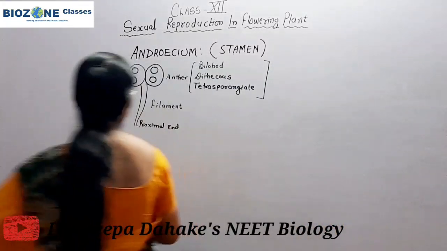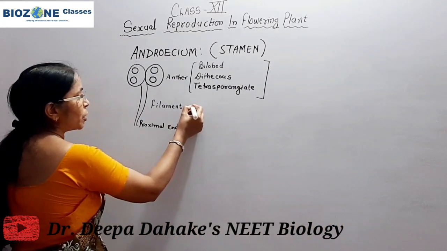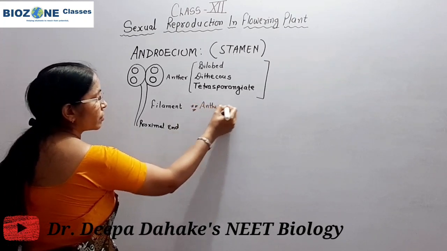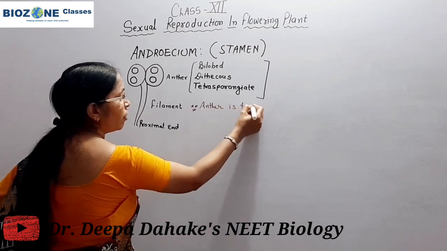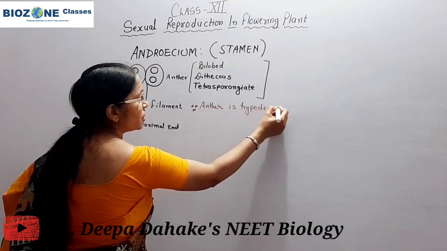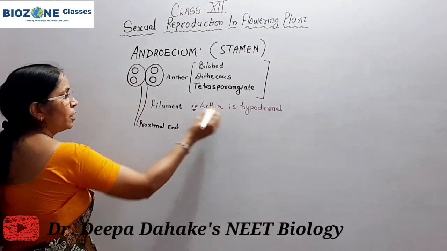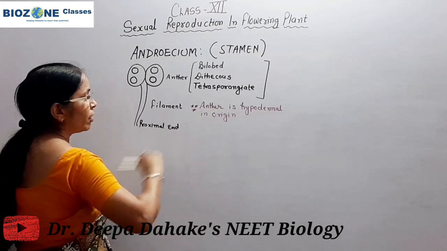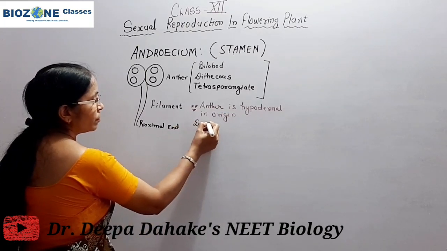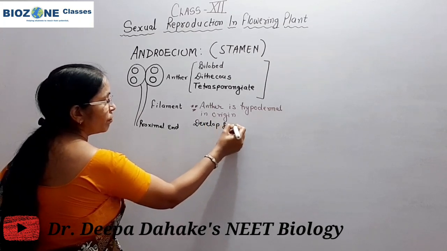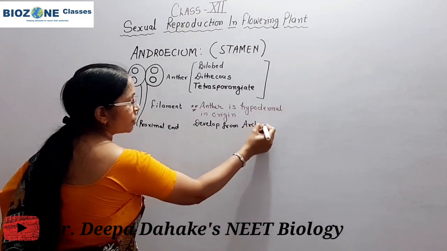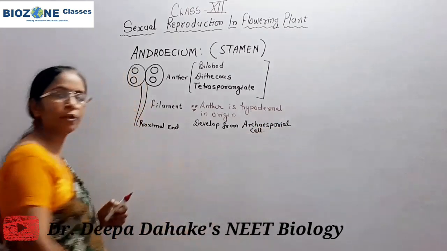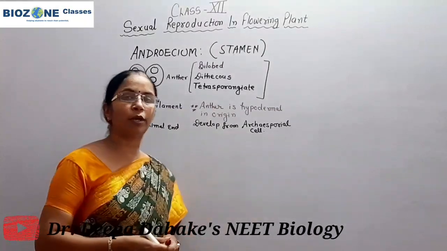One important statement you remember: the anther is hypodermal in origin because it develops from hypodermal cells. It develops from the archisporial cell.